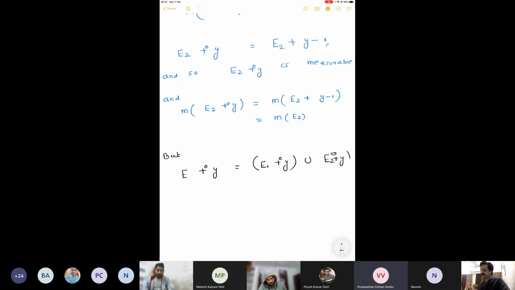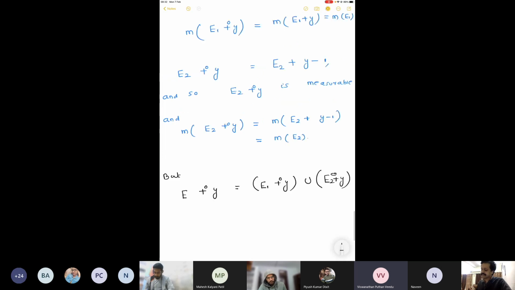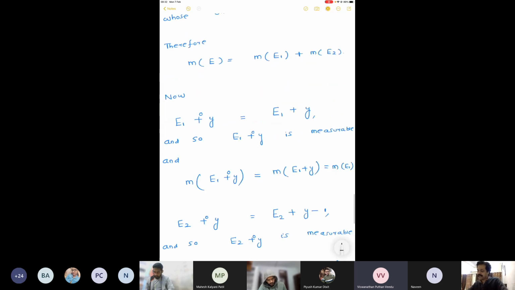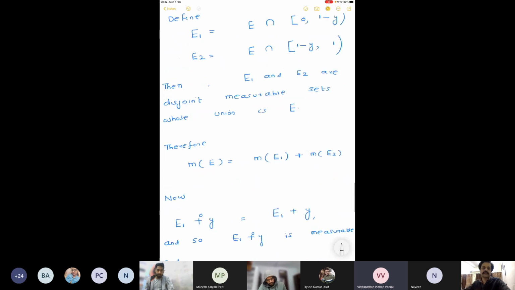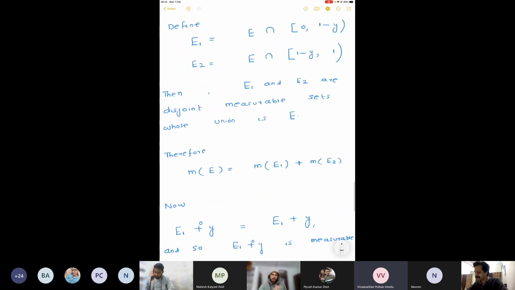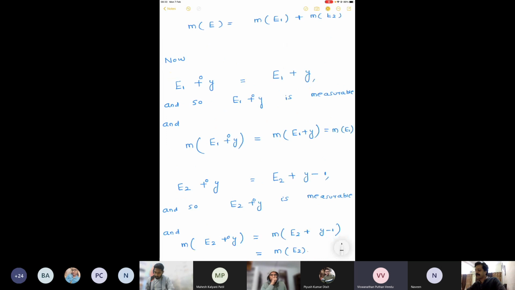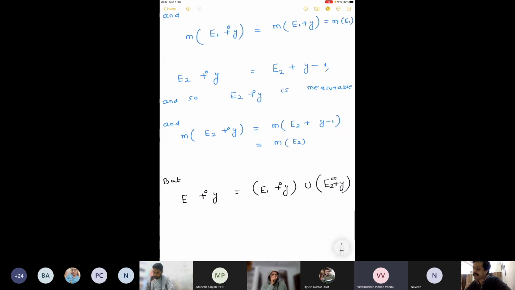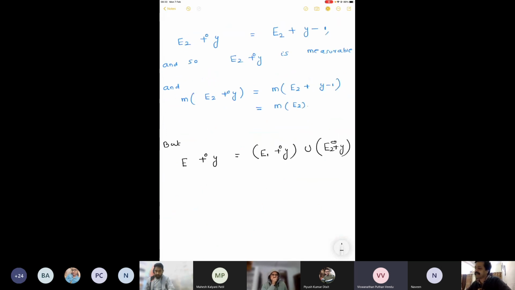That will follow from the fact that E is E1 union E2, and with the help of the arithmetic that you have defined, you should be able to see this. Further, the sets E1 plus y and E2 plus y, special translations, are disjoint.